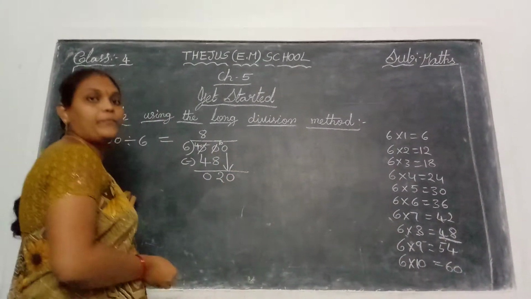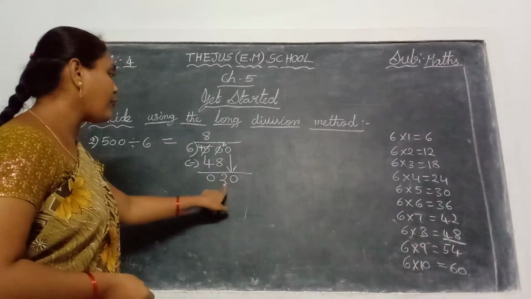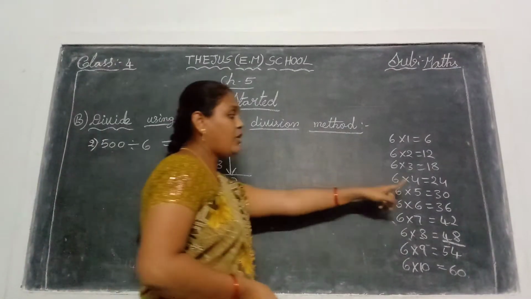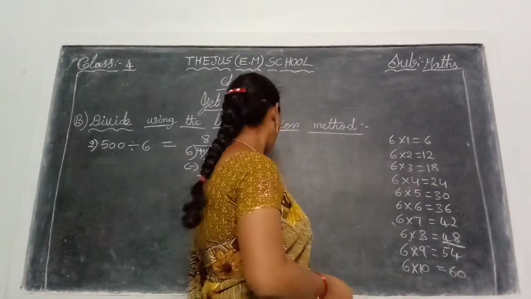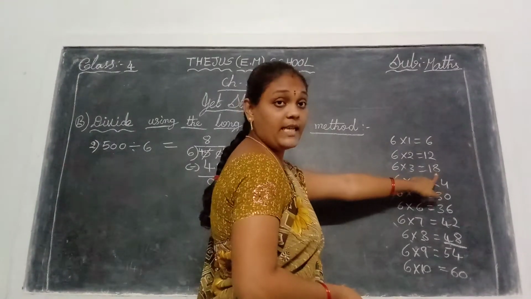Then 2 after. Okay? Is 20 in the 6 table, children? Check once. No, 24 is there. So for 20 the nearest smaller number is 18.